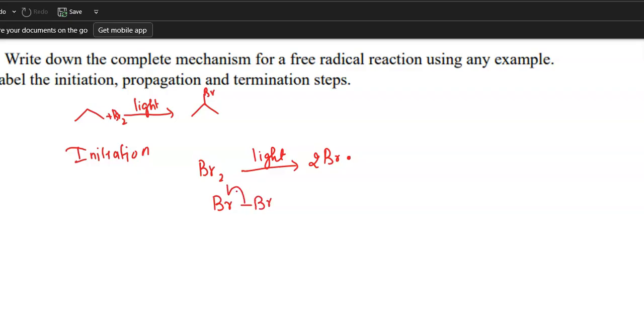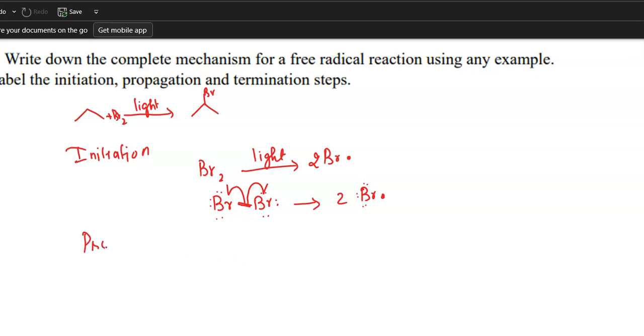With arrows, you can show that these both take 1 electron each. Remember, this is a free radical reaction, so both of them take 1 electron each to give you 2 Br radicals. Okay, if you want, you can show the other electrons also. But sometimes we just show the unpaired electron separately. Alright, so that's your initiation.